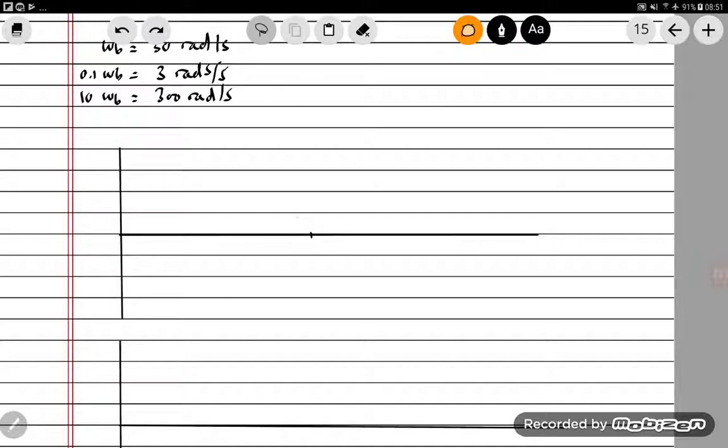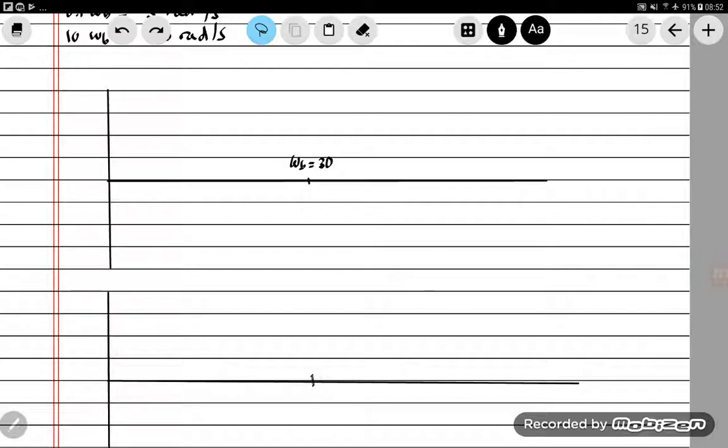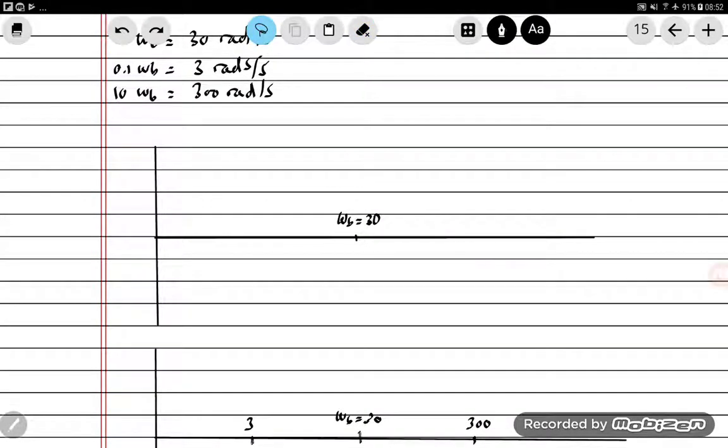Let's draw in the break frequency, that's 30, and let's draw it on the phase plot as well. A tenth of that is 3, and 10 times that is 300.